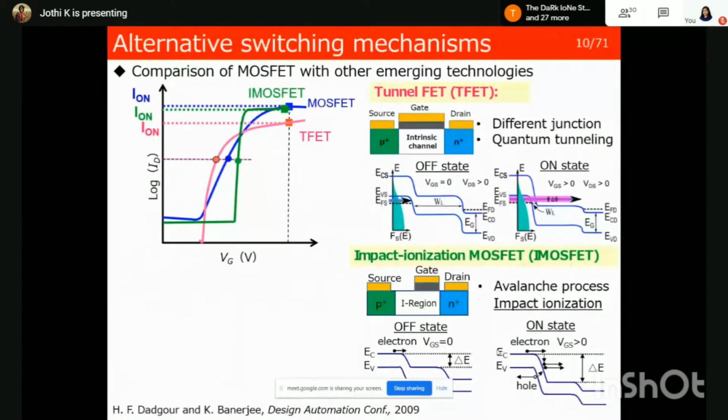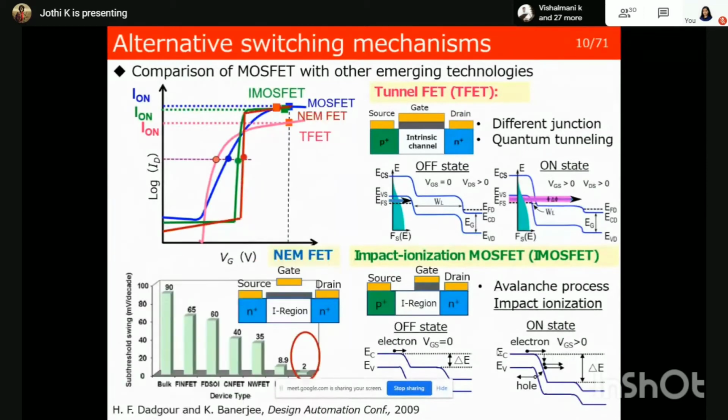Another one is called the NEM FET, the nano electromechanical FET. From the figures and also from the reported subthreshold swings, you can see this nano electromechanical FET is a very potential candidate.